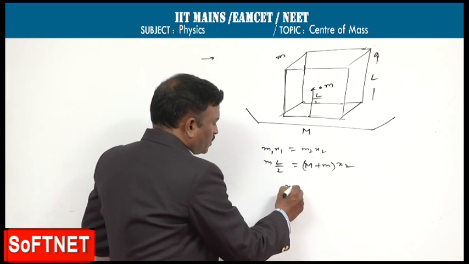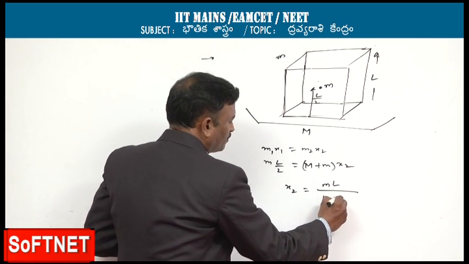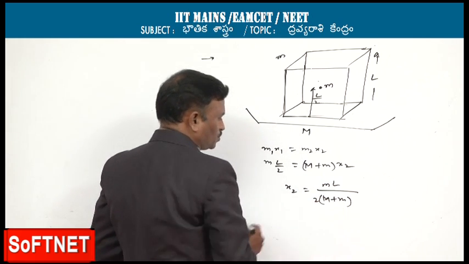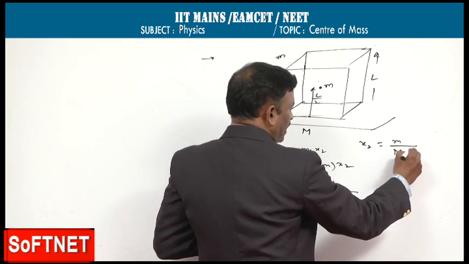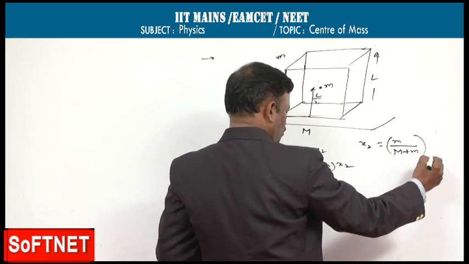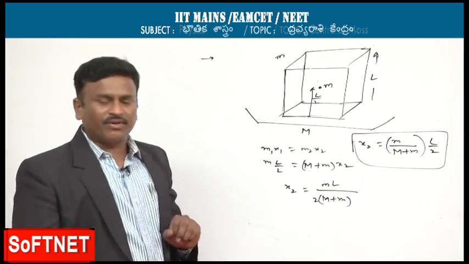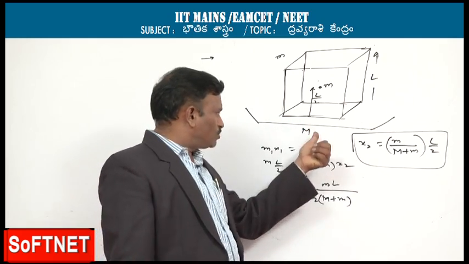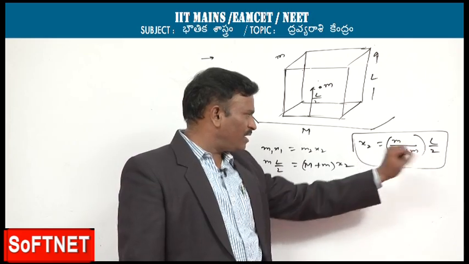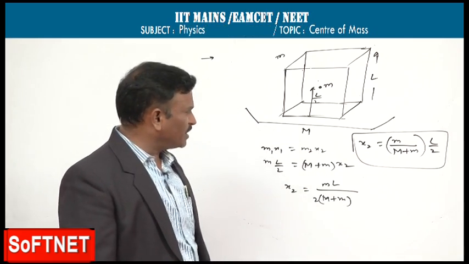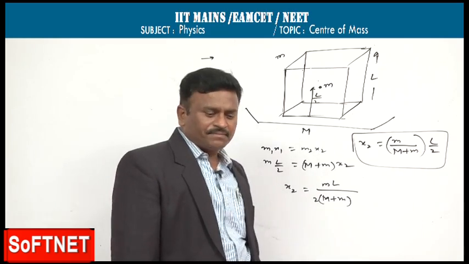So x2 is equal to m into L by capital M plus small m into 2. That is, finally, x2 is equal to m by capital M plus small m into L by 2. The shift in center of mass from the previous position of the system is x2, equal to mL by 2 into capital M plus small m.